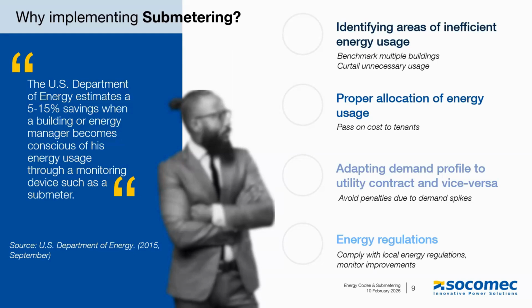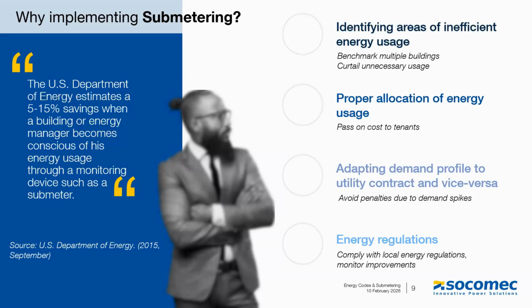And having submetering, you're complying with energy regulations, which might be nationwide, it can be citywide. It really depends, but complying with the local energy regulations, monitoring improvements, which is essentially what the code is asking for, is monitoring continuously and making sure that they can set realistic targets for the next few years.